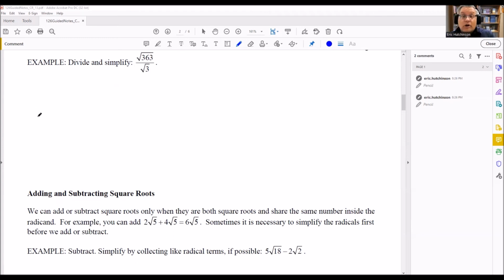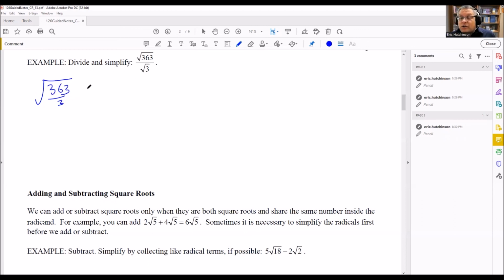So this is a case where I want to use the quotient rule in reverse. Instead of having it in a separated form like this, and I would know to go further because I can't do anything with the square root of 3, that's why I thought perhaps we can combine this together. So what I'm going to do instead is 363 over 3 there.